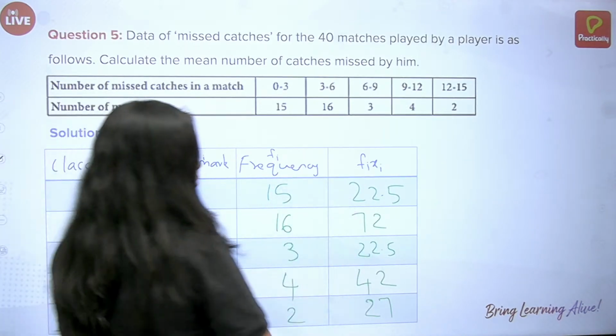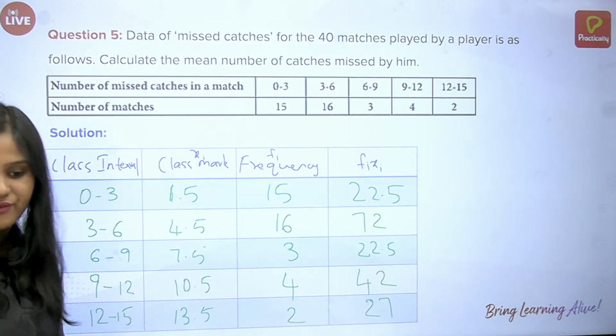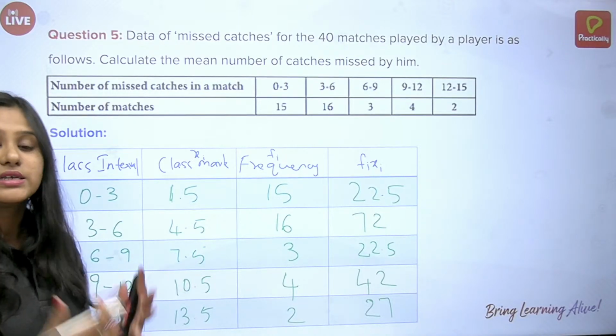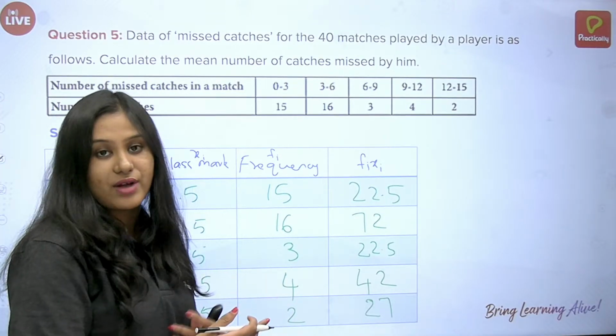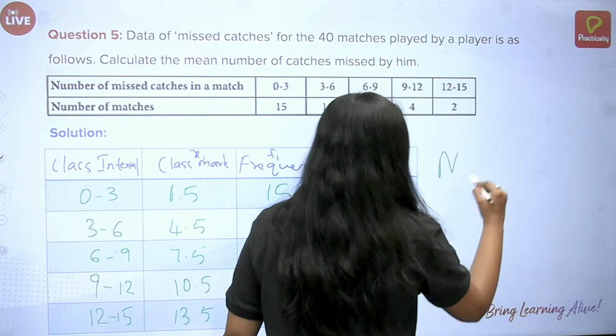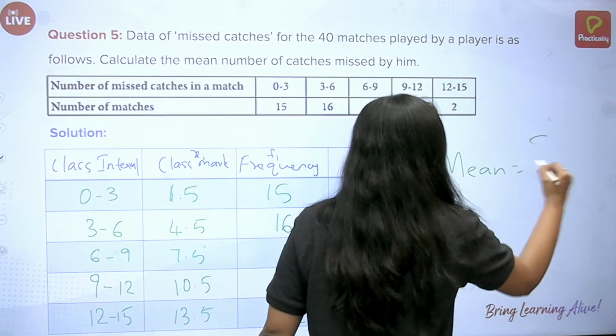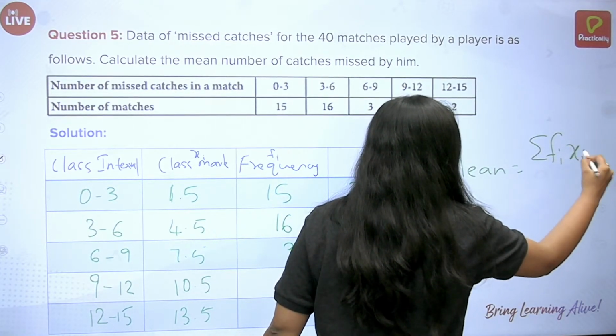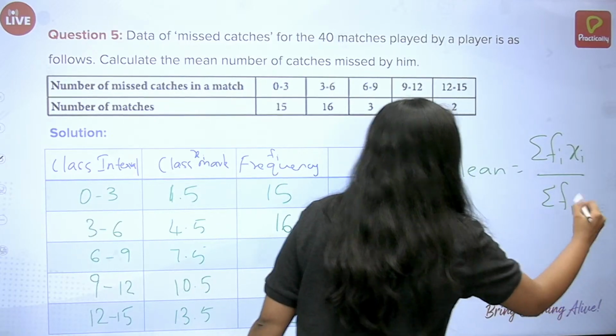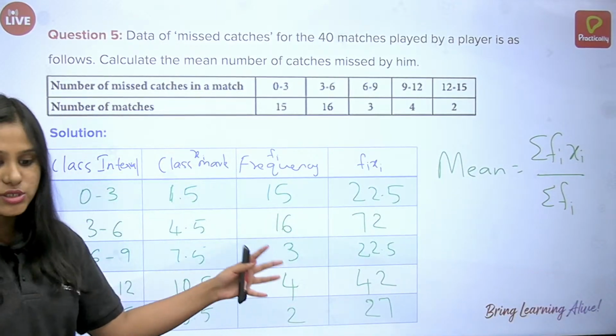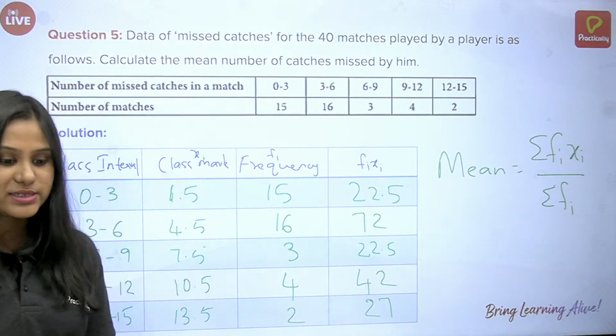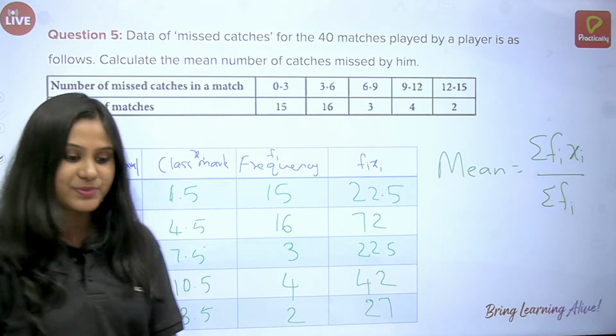Alright. So, now we have found Fi Xi, but we have to find sigma Fi Xi by sigma Fi to find the mean. So, mean is equal to sigma Fi Xi by sigma Fi. Mayush says he missed a bit. It's fine.